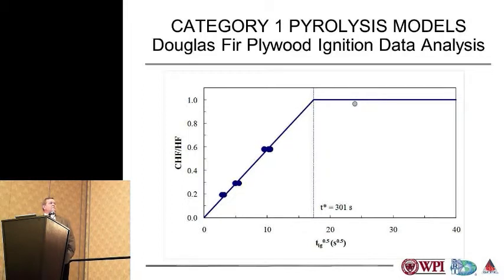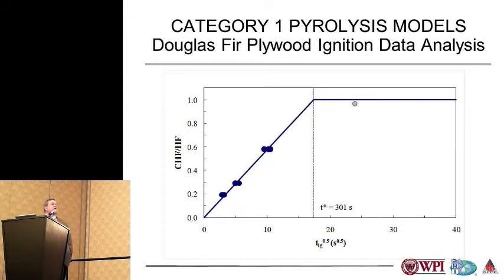And you can then plot the ignition times that are obtained at different heat fluxes in a graph like this. And from the slope of the line through these data points, you can obtain a thermal inertia. And from the critical heat flux, you can determine what the ignition temperature is. So those are the properties that then you can use in a compartment fire model to determine when a segment would ignite when it's exposed to a time-varying heat flux.